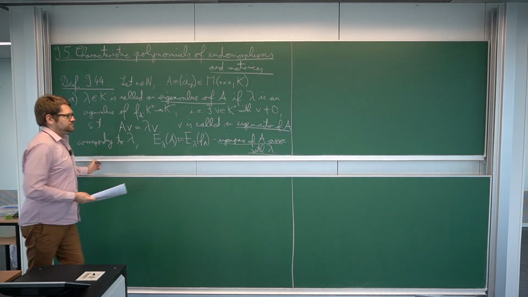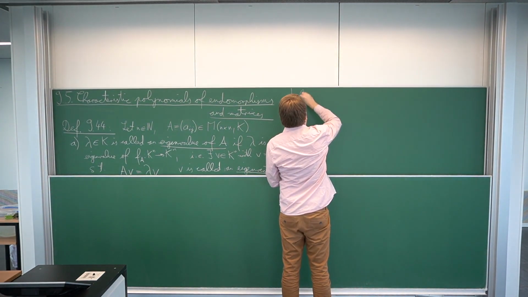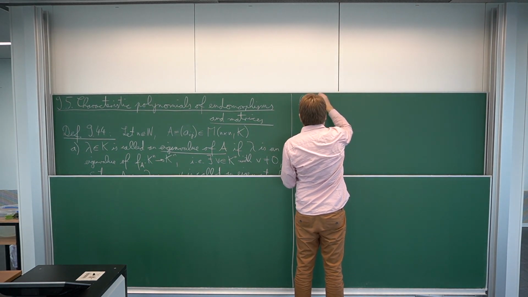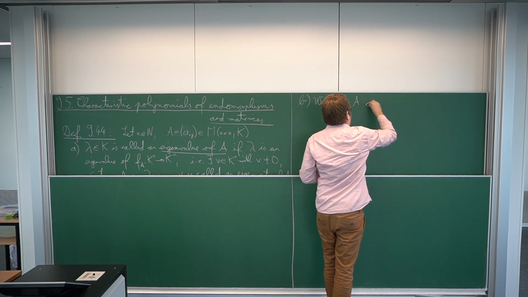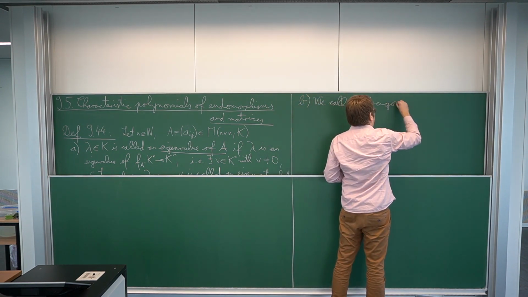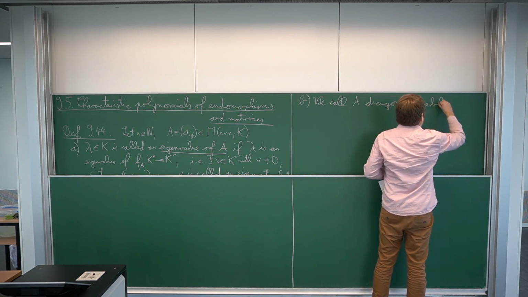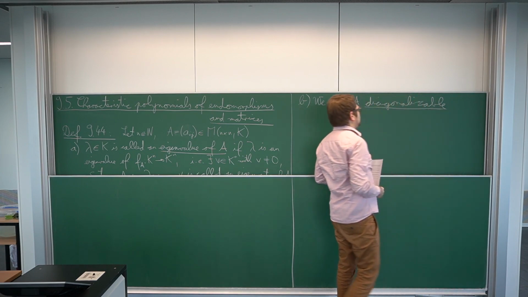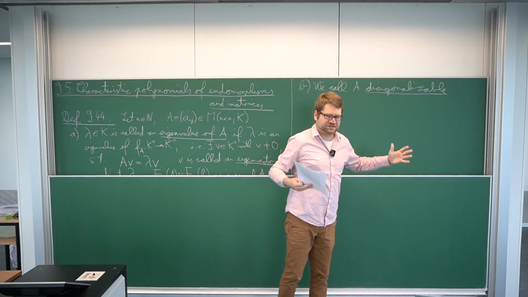Okay, this was part A. Now part B, diagonalizability for matrices. We call A diagonalizable. So for endomorphisms, we had that we have a matrix representation of the map for which the matrix is a diagonal matrix.